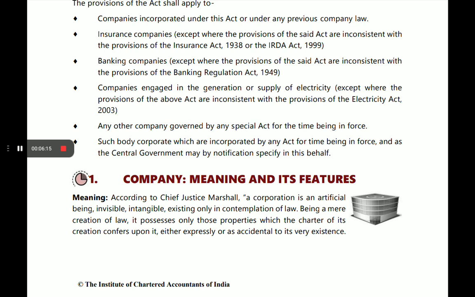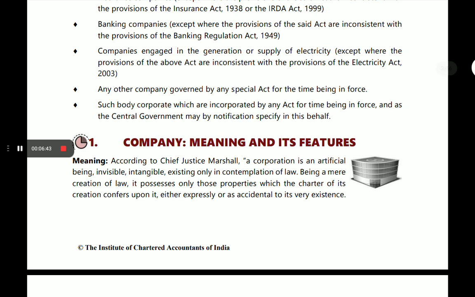Any other company governed by any special Act for the time being in force. Such body corporate incorporated by any Act for the time being in force as the central government may notify in this behalf.